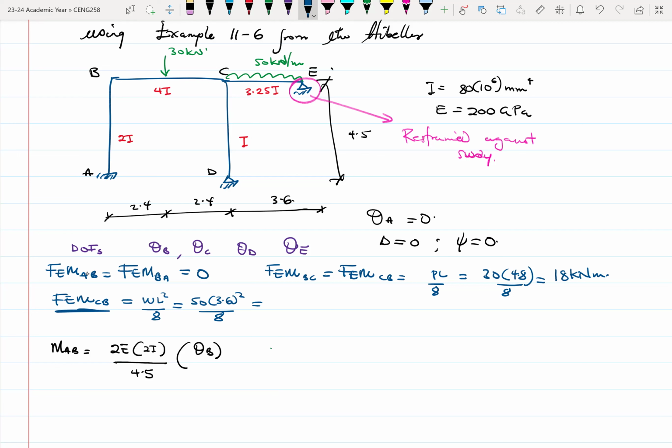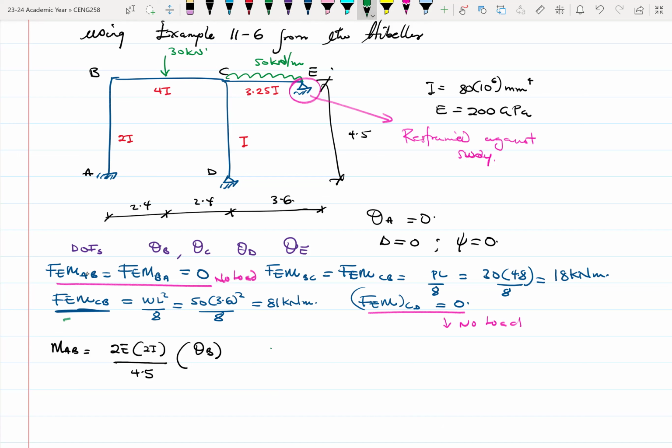That will give us 81 kilonewton meter. The fixed end moment for CD will be 0 because there's no load on CD. Please take note, no load here too.